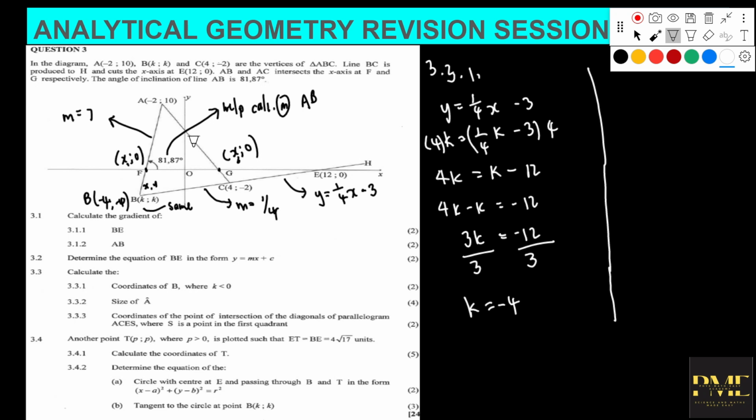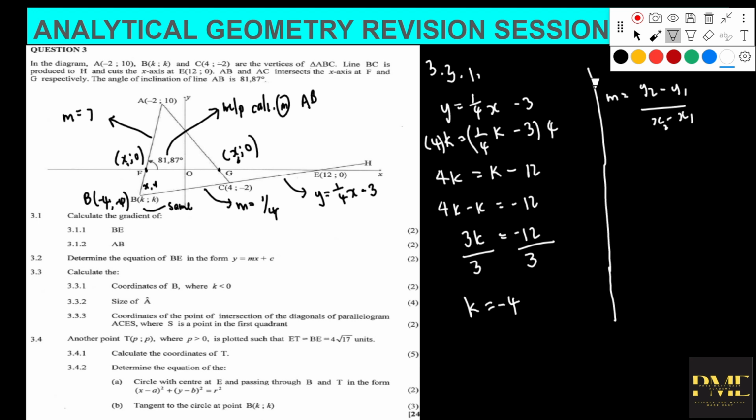Okay, so I want to teach you guys that you should always make use of the information that you know in order to generate equations, because they will always help you to calculate your coordinates. Right, cool. So our gradient is equal to y2 minus y1 over x2 minus x1.